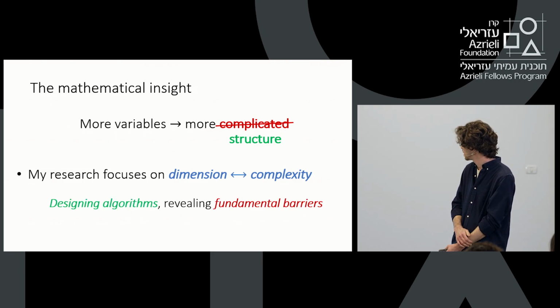That means that in our research, we aim both to design efficient algorithms, which provably show that a certain number of examples suffices in order to learn, but also to reveal fundamental barriers. That is, showing that you can't do good learning unless you see so-and-so number of examples.